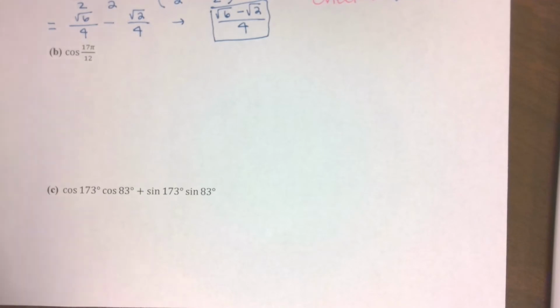What you're looking for when you split it up in radians is something that's going to give you a 30, a 45, or a 60 degree angle. It may not necessarily be 30, 60, or 45 degrees, but it may have a reference angle that is. You'll see what I mean by that.